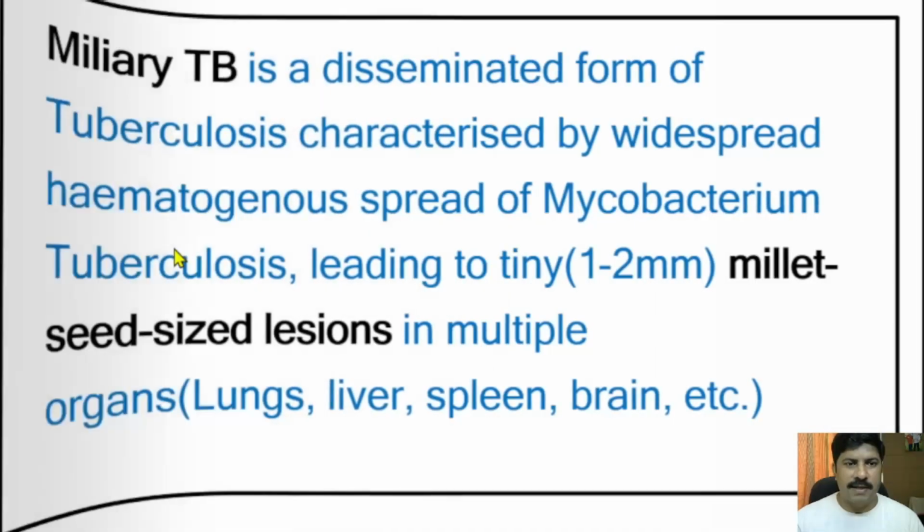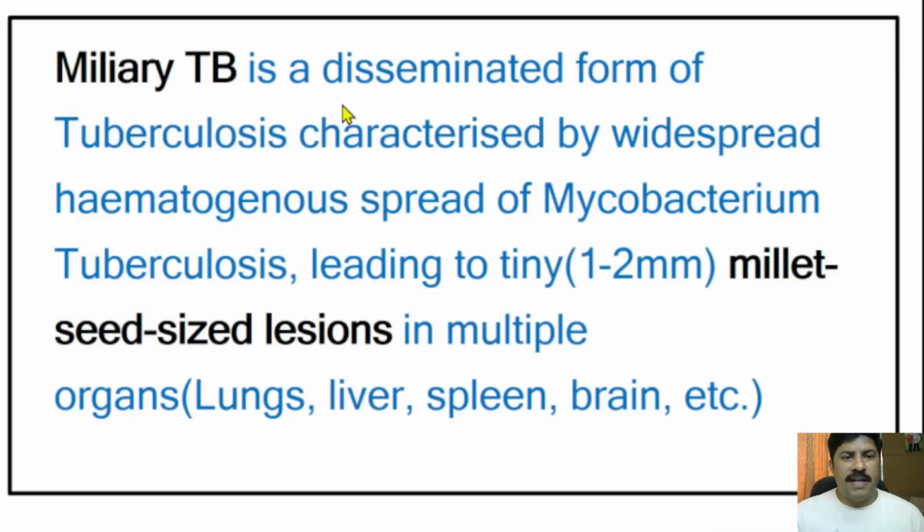I will explain briefly. Miliary TB is a disseminated form of tuberculosis. Disseminated means spreading everywhere. It is characterized by widespread hematogenous spread, meaning spread through blood, of Mycobacterium tuberculosis, the organism causing tuberculosis, leading to tiny millet-sized lesions.